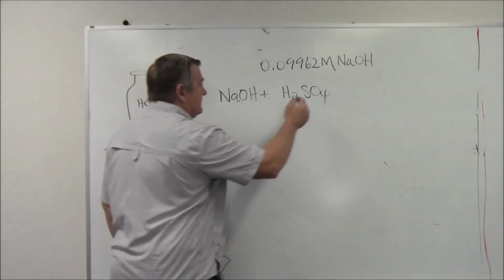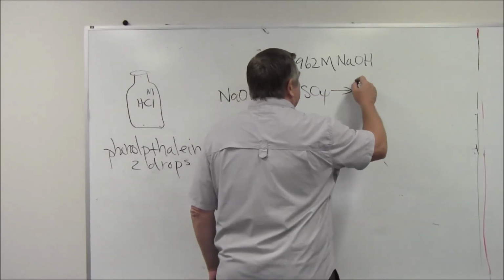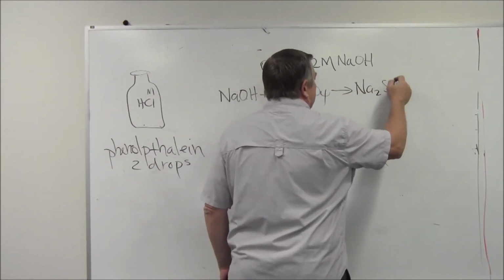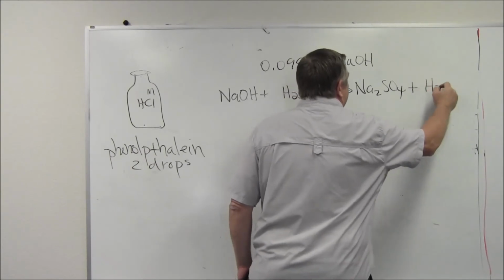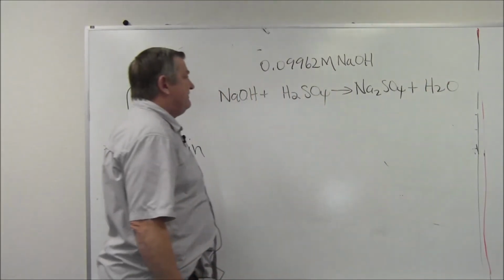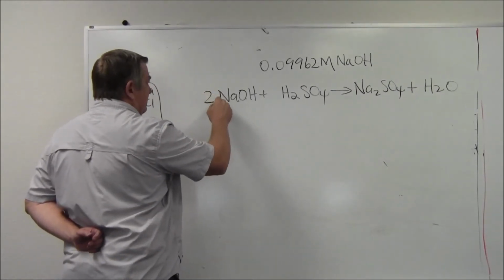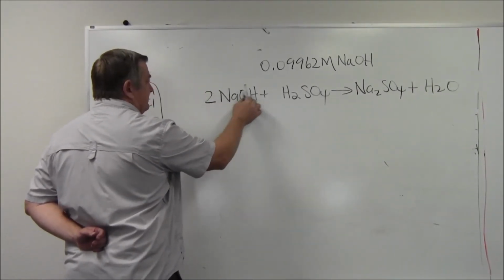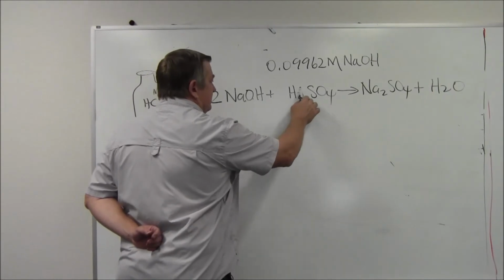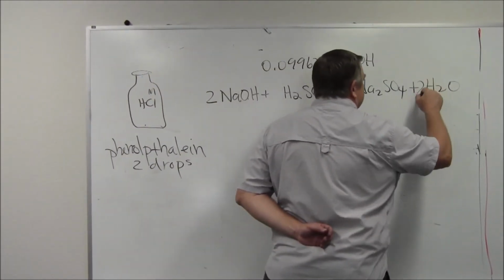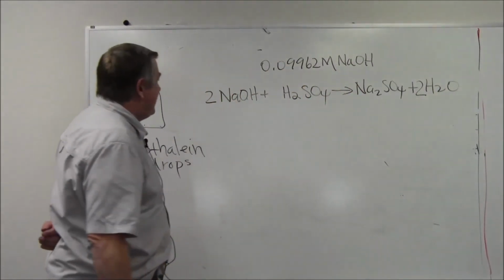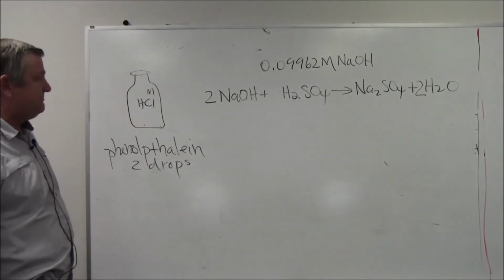So we're going to do a neutralization reaction again, and here we're going to get sodium sulfate as our salt plus water. But now we have to balance this. We need a 2 here, and now we've got 4 hydrogens on this side, 2 times 1 plus 2 more. So we got to put a 2 over there. And now I think it's balanced.